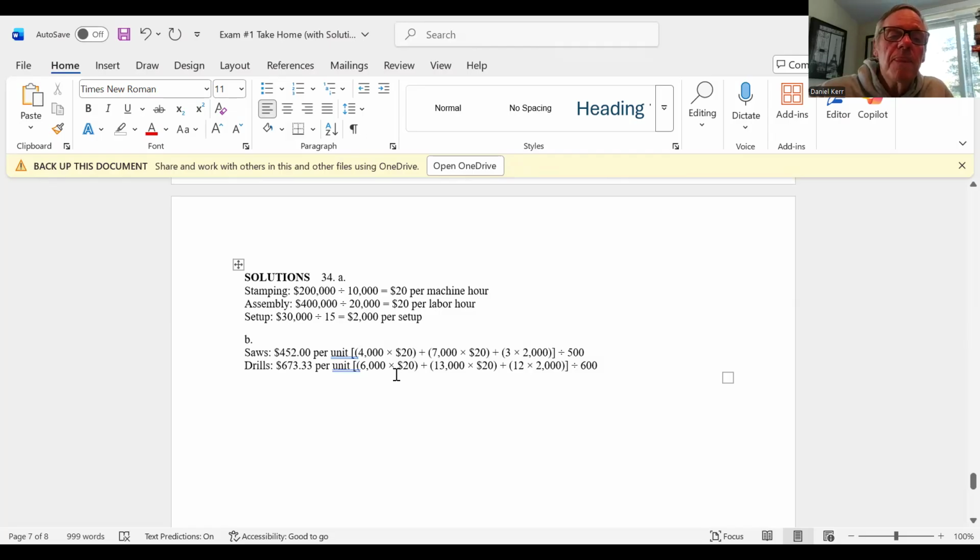For drills, you had 6,000 in terms of stamping machine hours, so 6,000 times 20. In terms of assembly, you had 13,000 hours at $20 per hour. And with regard to setup, you had 12 setups at $2,000 per setup divided by 600. So these are your overhead costs per unit. For saws, it's $452, and for drills, it's $672.33.